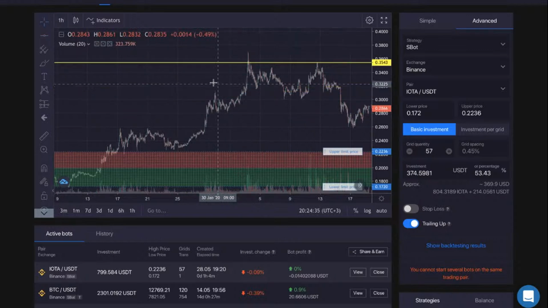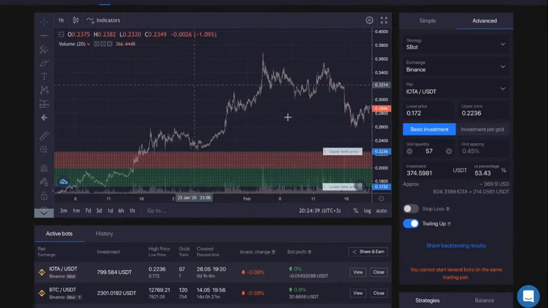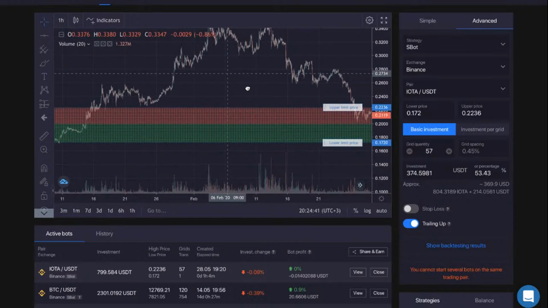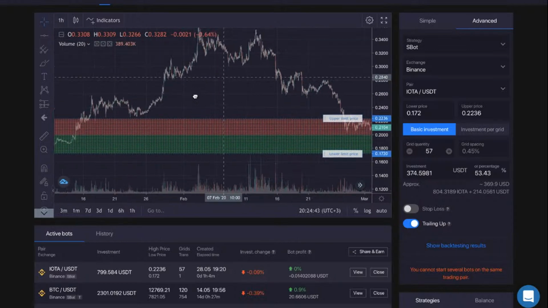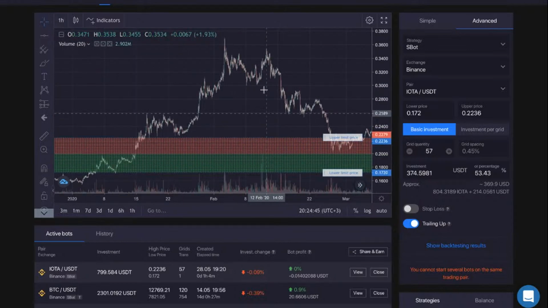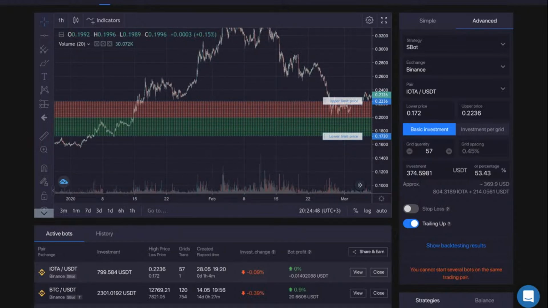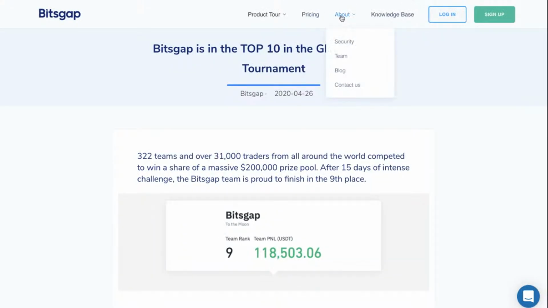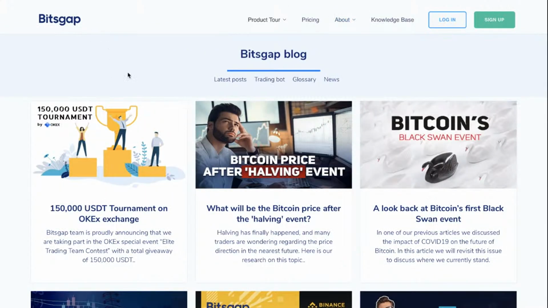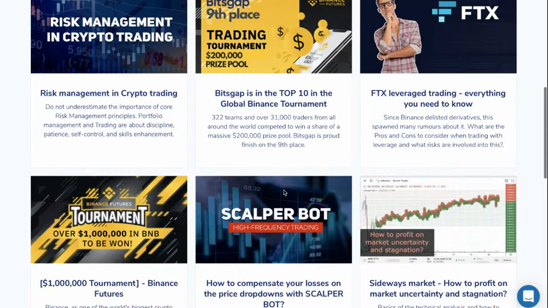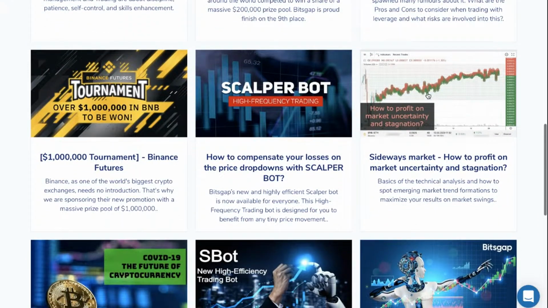So yeah, that's the idea of how to apply different technical analysis schemes in your bot configurations. And in order to find more use cases, go to the blog section on the main page, and here you have posts related to automated trading.